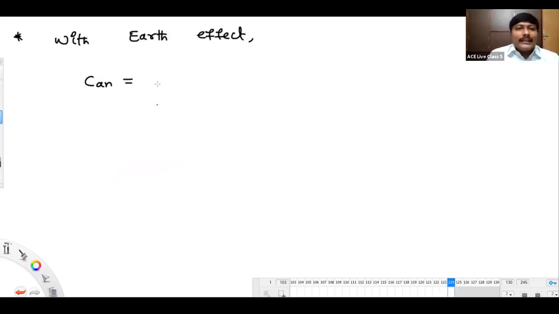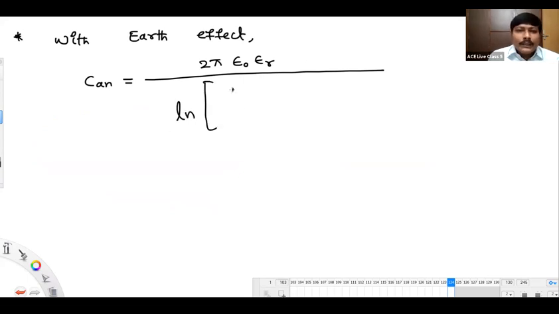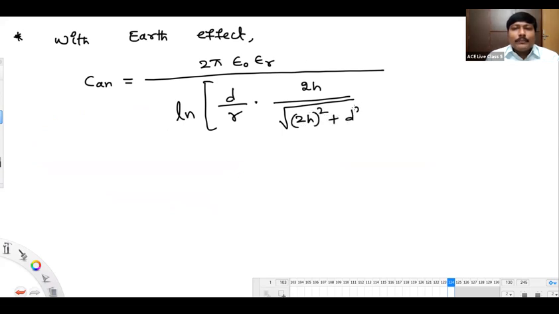So I'll say here, with earth effect: 2 pi epsilon naught epsilon r by natural logarithm of d by r into, just look at this one, it will be coming like 2h by square root of 2h square plus d square.